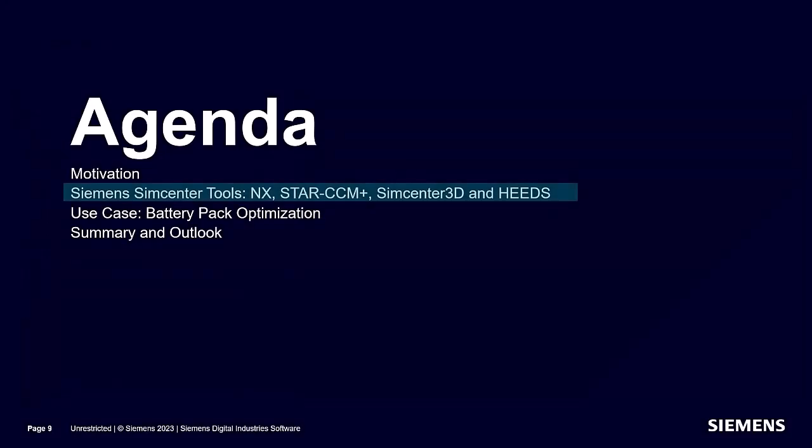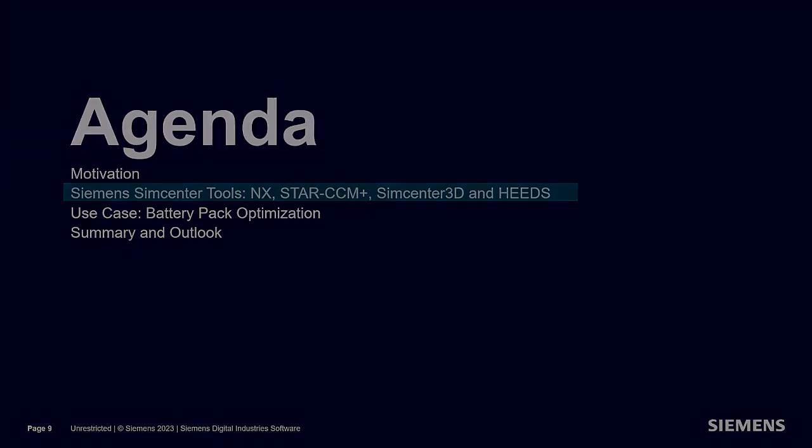Now let's delve into the Simcenter portfolio tools that play a crucial role in building, simulating, and optimizing the battery pack model. These tools are designed to provide a comprehensive and detailed analysis of the battery pack, allowing us to assess its performance. By leveraging the capabilities of the Simcenter portfolio, we can gain valuable insights into the behavior of the battery pack, optimize its design, and ensure it meets the desired specifications.